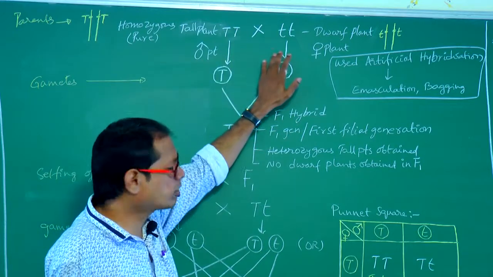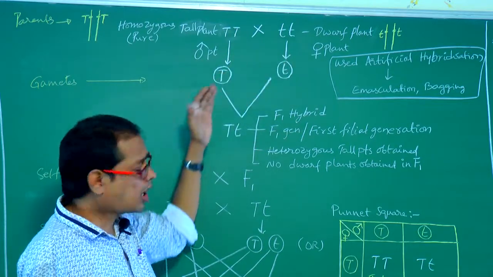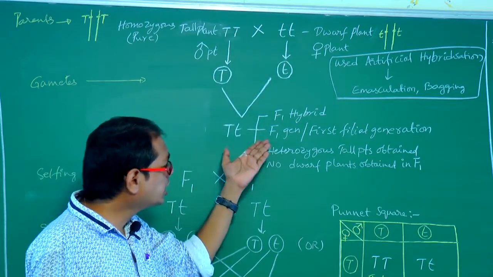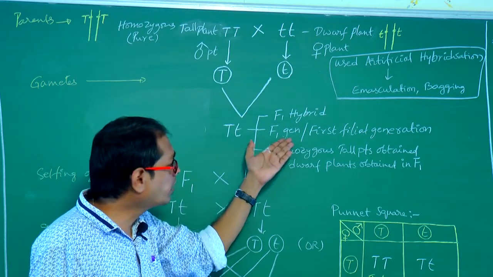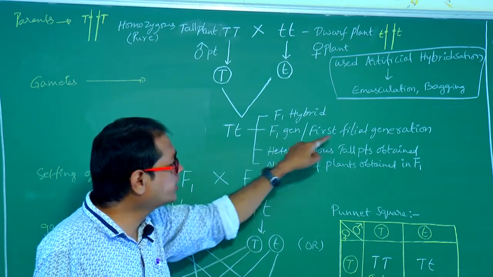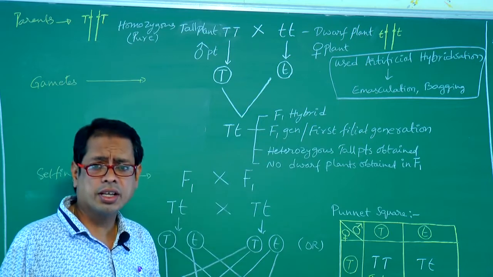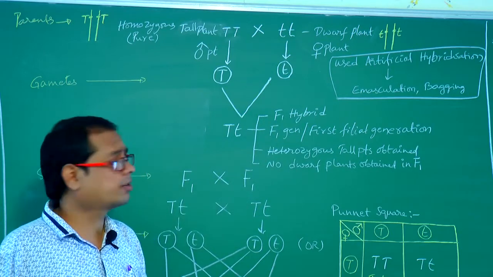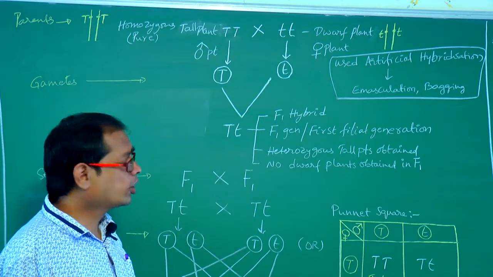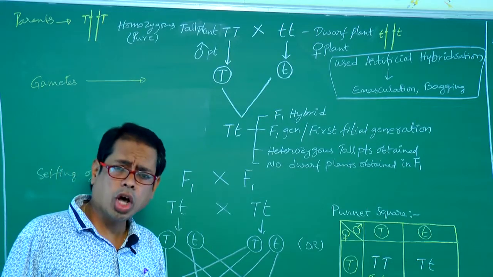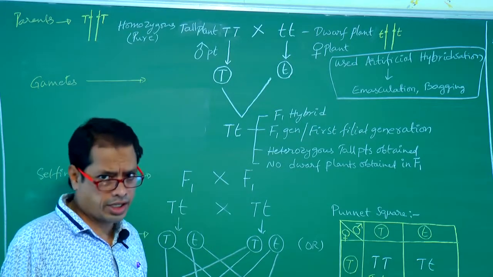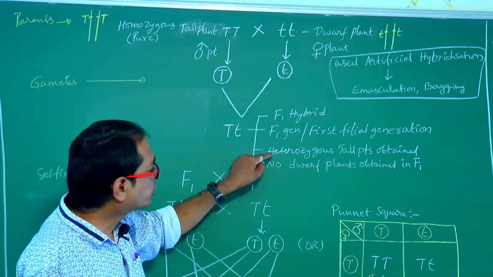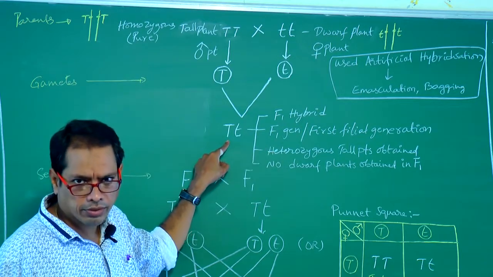When two parents are crossed with each other, the generation obtained is called the F1 generation. F1 means first filial generation. Is it a tall plant or a dwarf plant? It is a tall plant only, phenotypically.